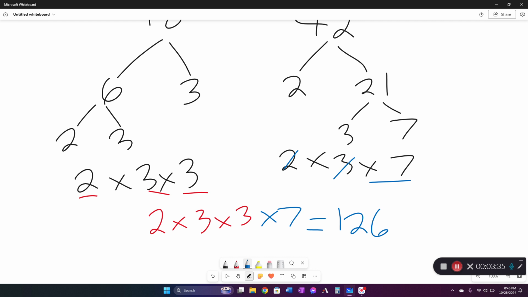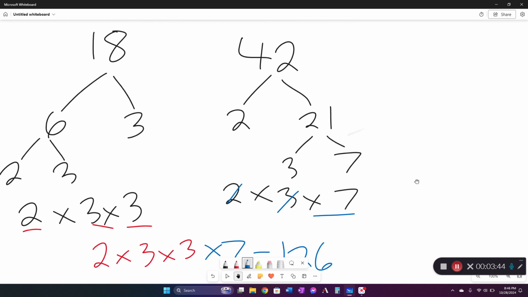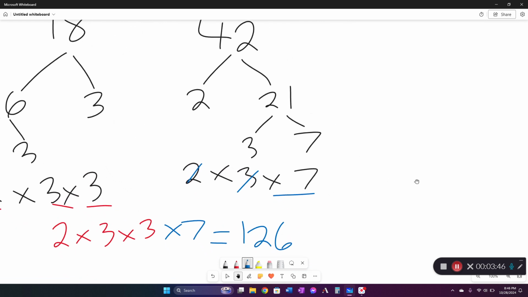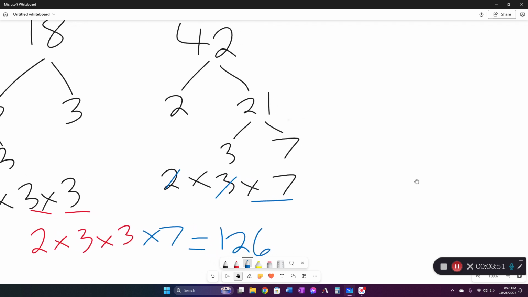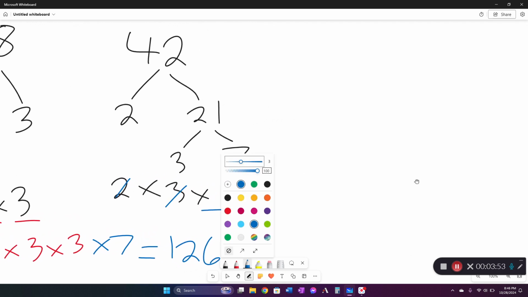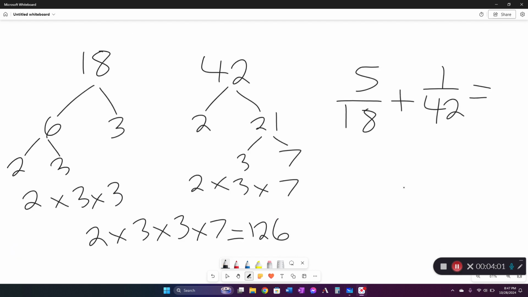Now, why is this useful? Why is being able to find the lowest common multiple really easy and fast? I'm going to show you why. Here, I'll shrink the screen a teeny bit so you can see everything that I did. Okay, so our problem is 5/18 plus 1/42.